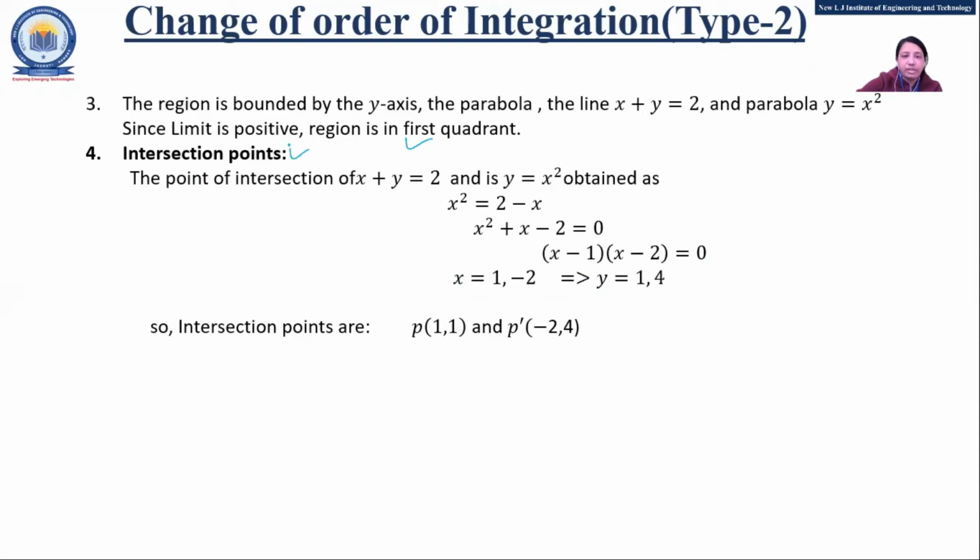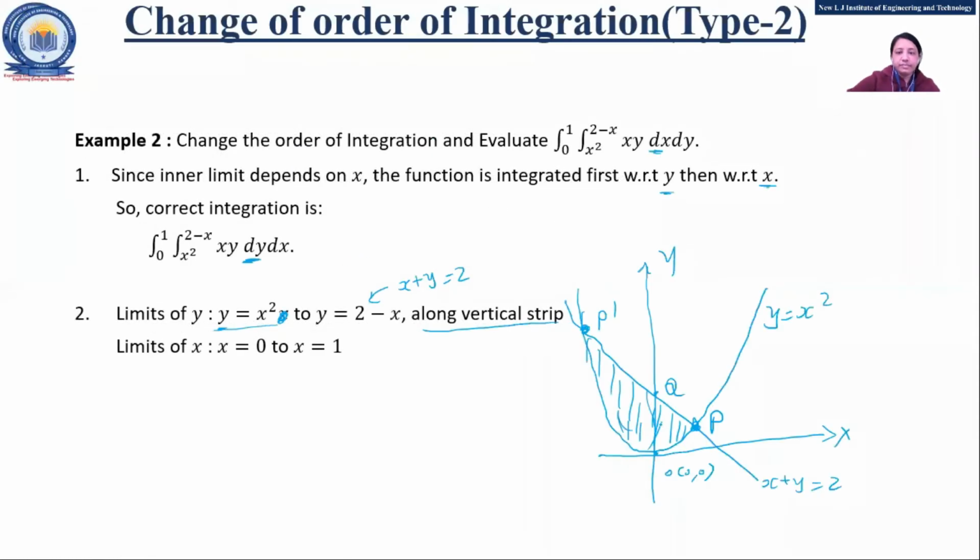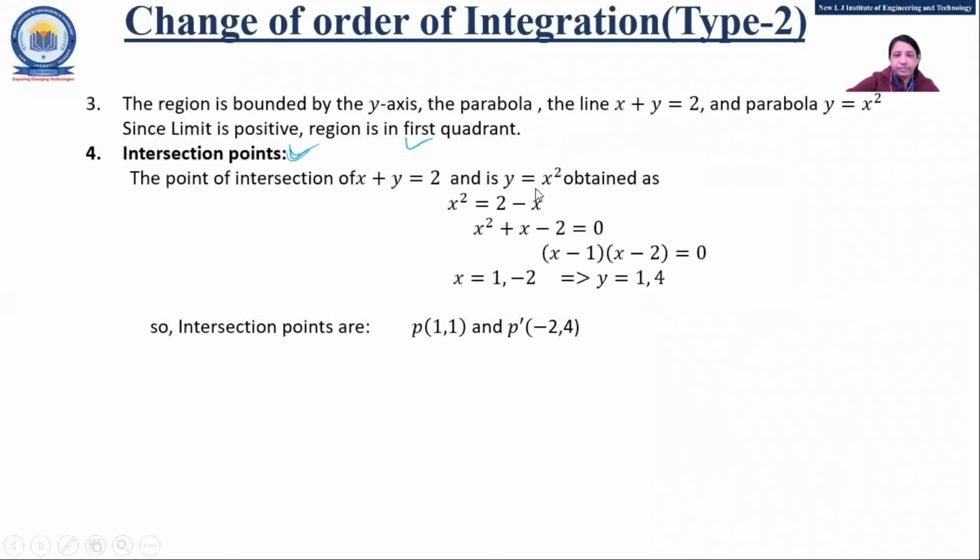Now the main thing is the intersection points. How to decide that? First, the intersection points P and P dash of y equal to x square and the line x plus y equal to 2. We write x plus y equal to 2 and put y equal to x square in this equation.